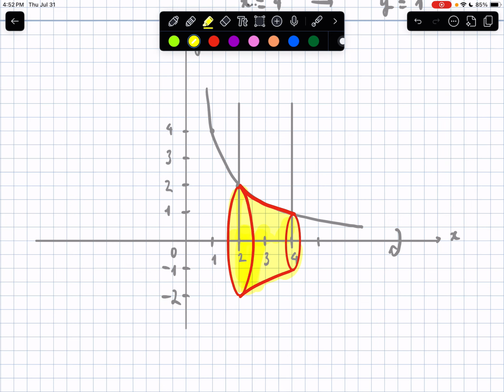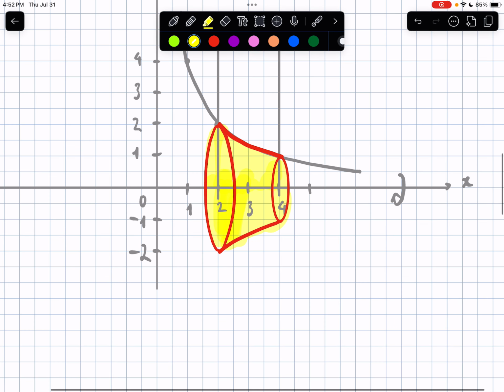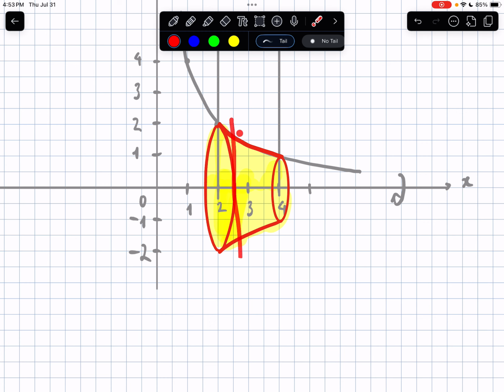Now we need to compute the volume of this solid. So we use the method of slicing. If we slice this into pieces, imagine we chop it into small, very thin pieces, then each piece looks like a cylinder. For example, here.